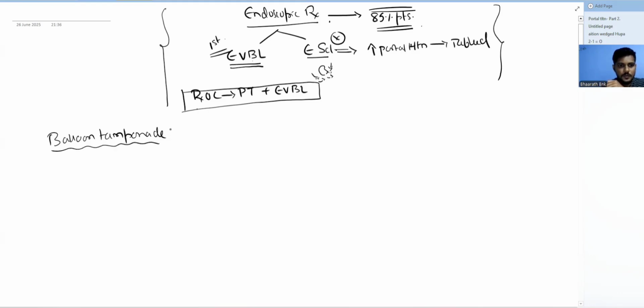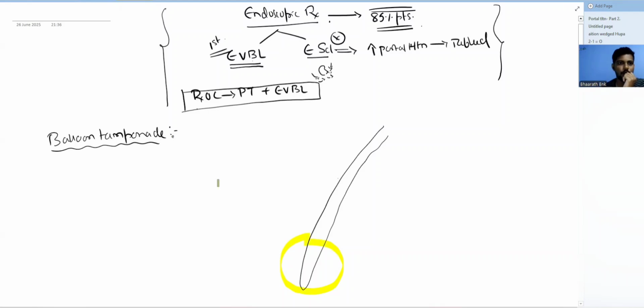So the device, the tube that they designed, was an esophagogastric tube, and they added two balloons to it.